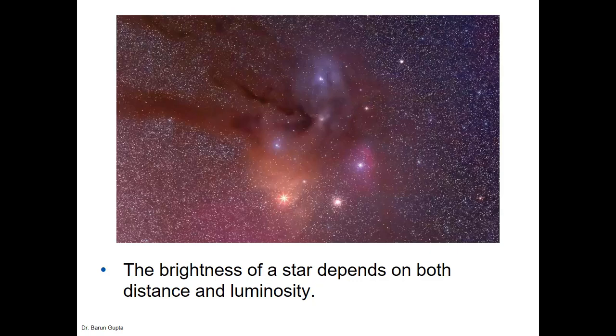As I mentioned before, the brightness of a star depends on both distance and luminosity. If you are far from a light source, then your apparent brightness, or simply the brightness, would be very small.